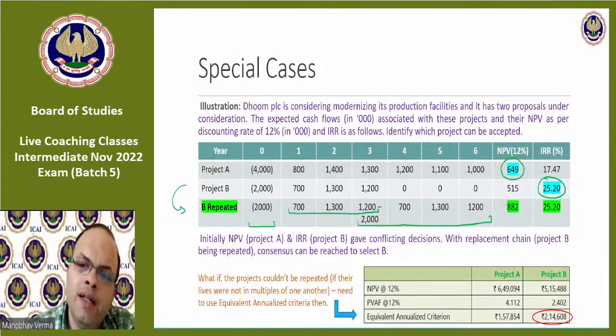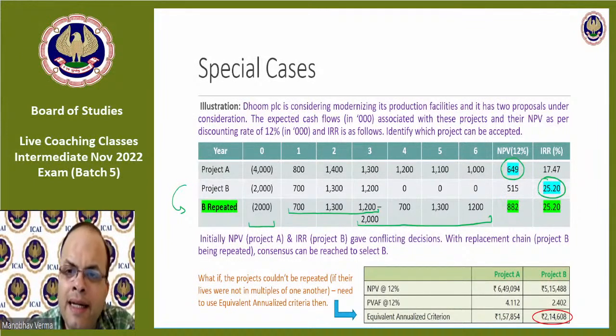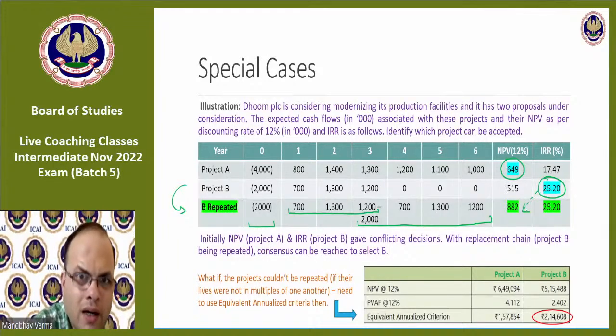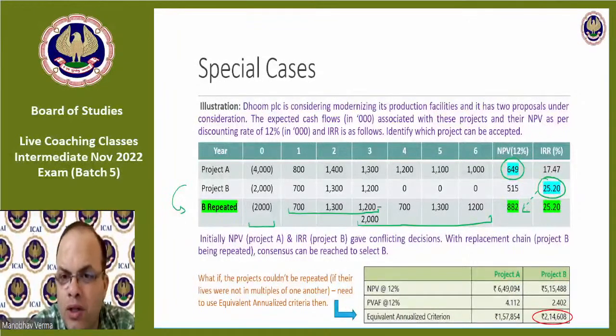Do you see that Project B criteria is now going ahead with respect to NPV as 882? Earlier, what was happening was that you were selecting Project A based on the NPV.